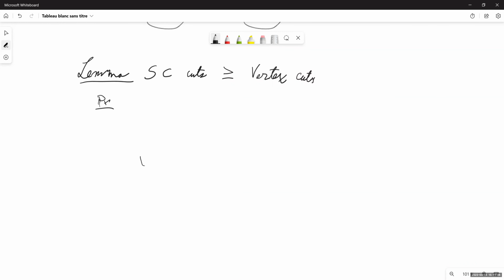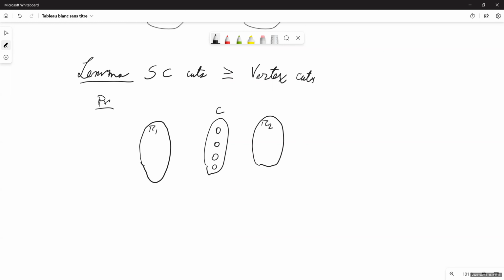And the proof of this is kind of simple. If you want to do a vertex cut, it means that you want to cut your graph into pi1 and pi2, and you have the cut set C, which contains a bunch of vertices that you want to cut, and those vertices are connected in some way to pi1 and pi2.